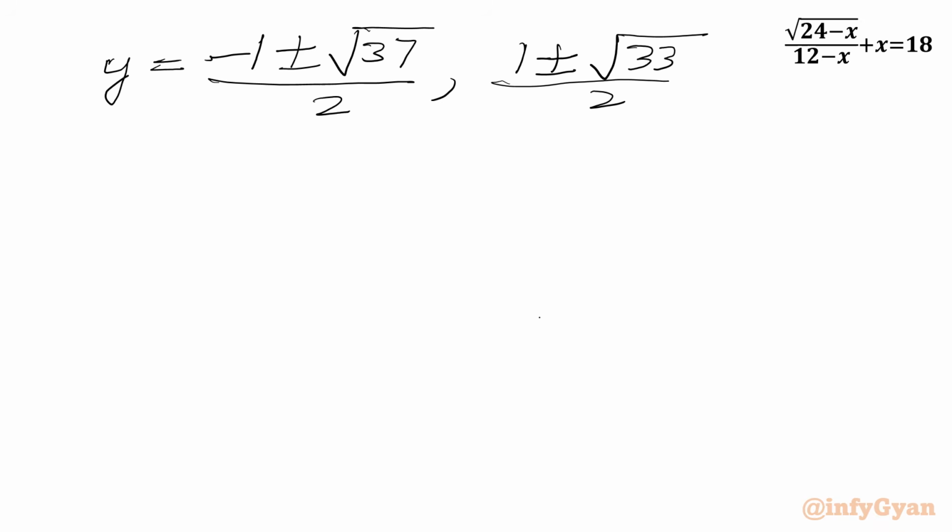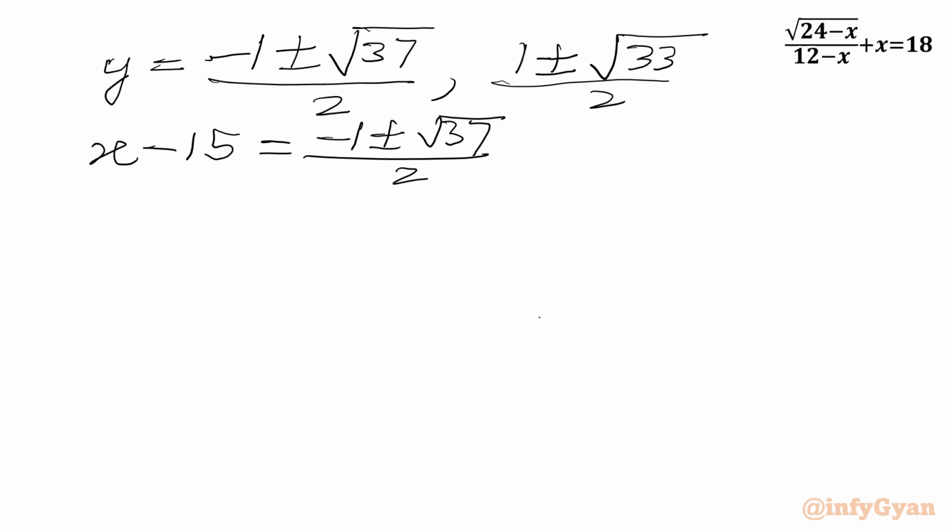Now y was x minus 15. So we will write x minus 15 equal to minus 1 plus minus square root 37 over 2 and 1 plus minus square root 33 over 2.